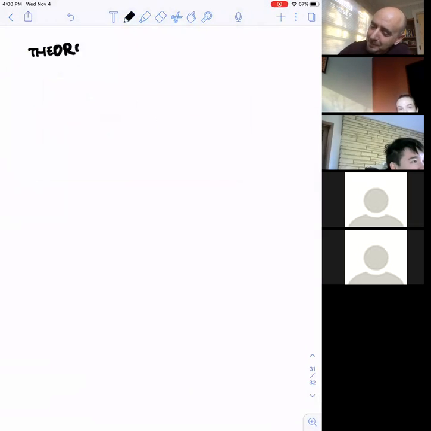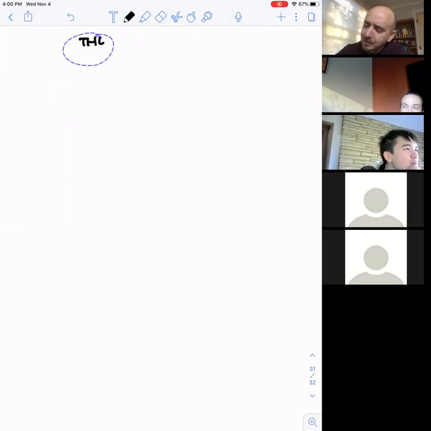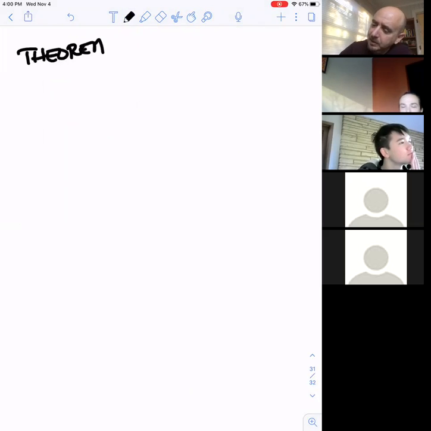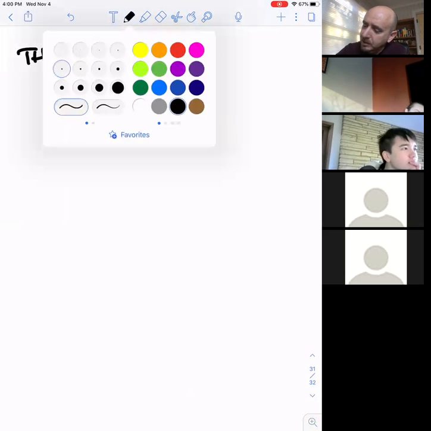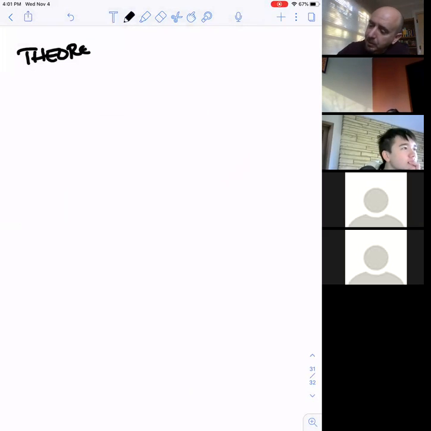Oh, that just looks terrible. Still looks thick, doesn't it? I'm upset about it. Yeah, because I changed the thickness there. You can select it and then change the thickness through that, right? Yeah, exactly.